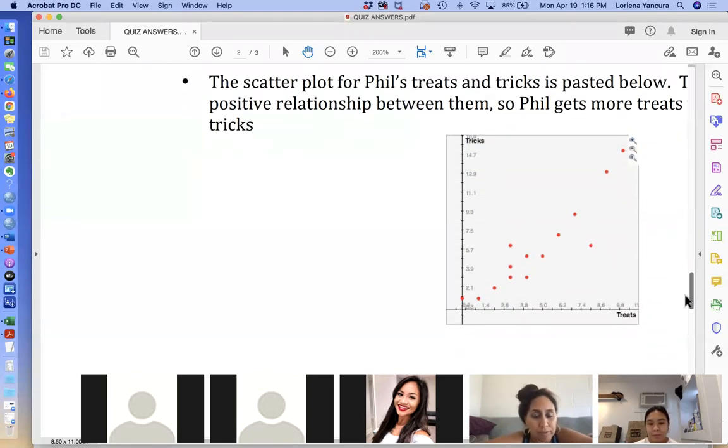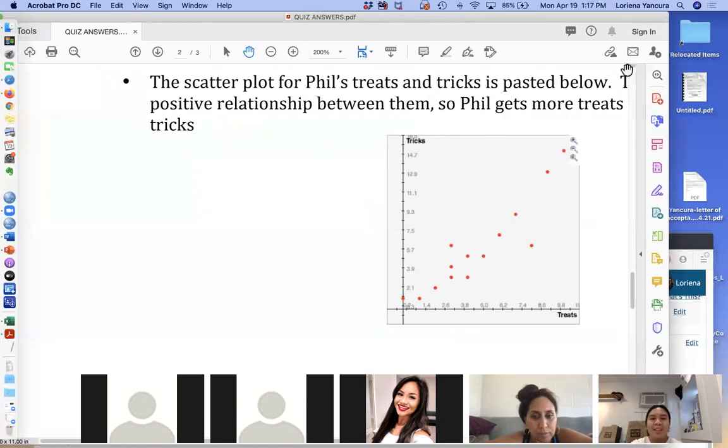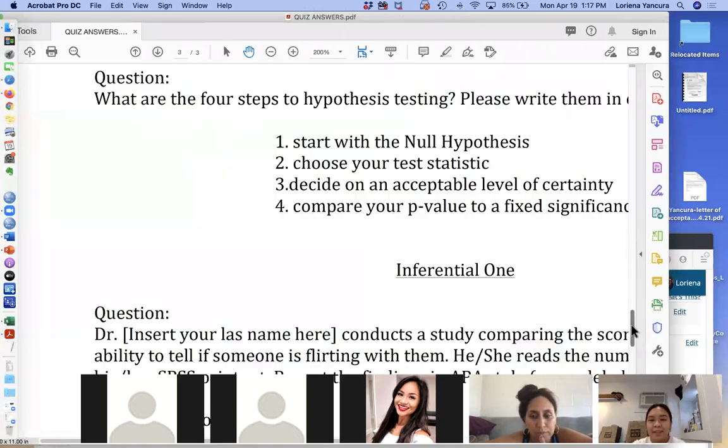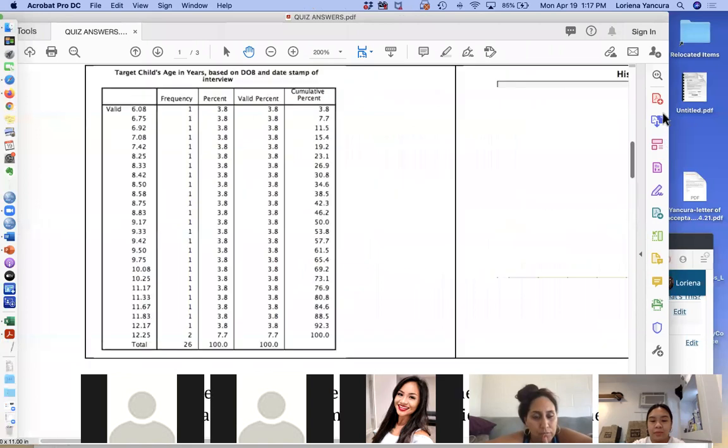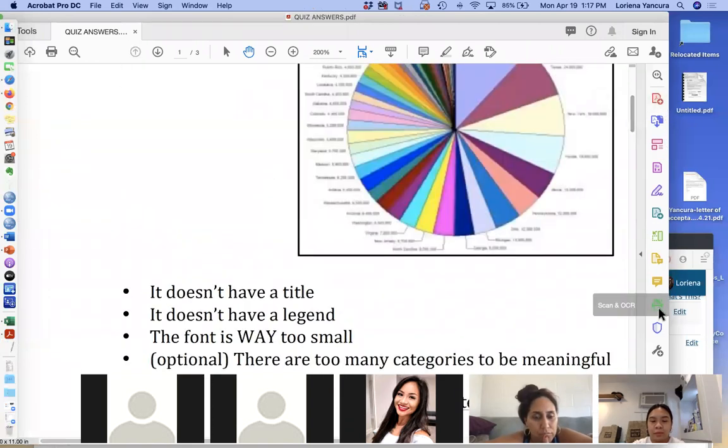Now, taking the number of tricks he does, which was also included in that information. Sorry, guys, your faces are in the way.